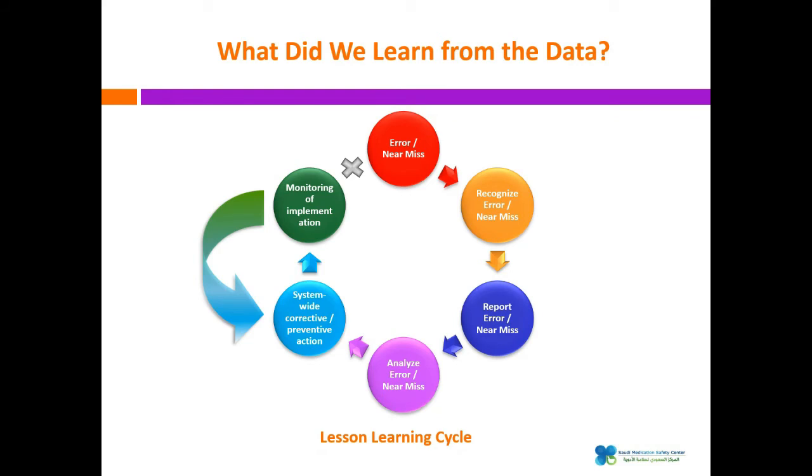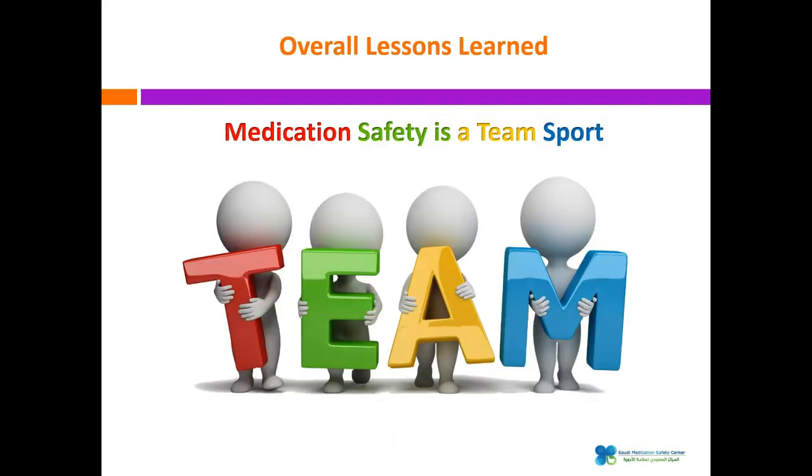That's not enough on its own, because we need to monitor that our recommendations and changes have been sustained to prevent that error from ever occurring again. Okay, thank you. Next slide. That's important, because medication safety is a team sport. Thank you.